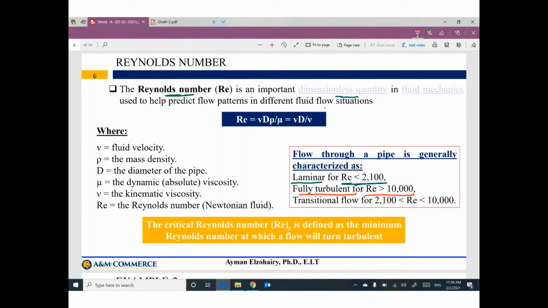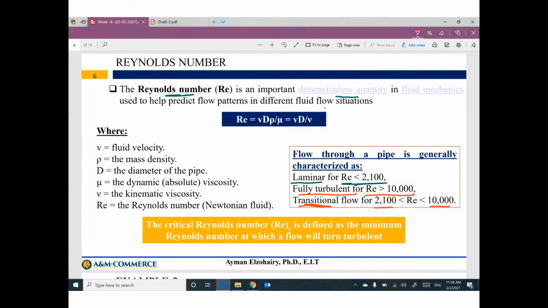If the value of this number is between 2,100 and 10,000, that means we are in a transition flow. So Reynolds number is a very important dimensionless number used to figure out the type of flow, laminar or turbulent or in between, transition.